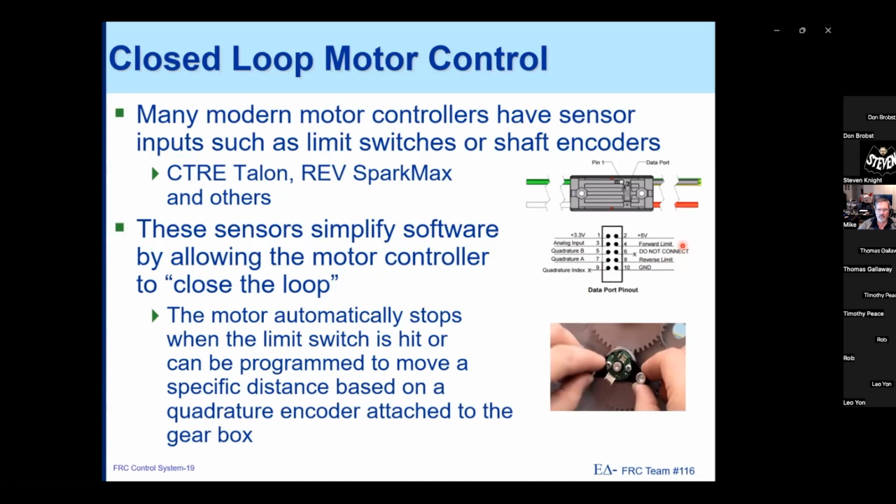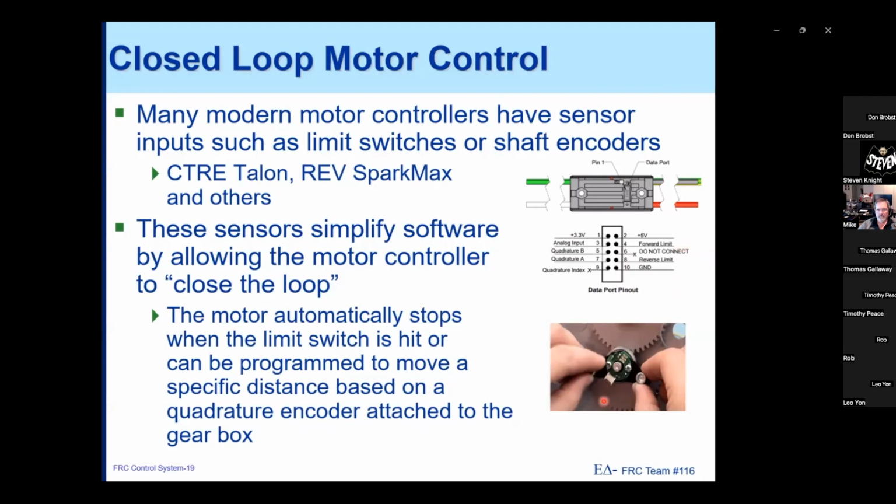I don't have to sit there in software and say, have you gone far enough? Have you gone far enough? How about now? Have you gone far enough? I can just simply say, start moving forward, and then when the limit switch gets triggered, it'll automatically stop the motor controller. This is referred to as closing the loop with the motor controller.